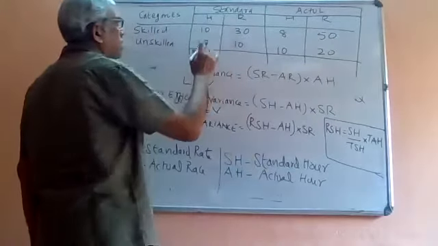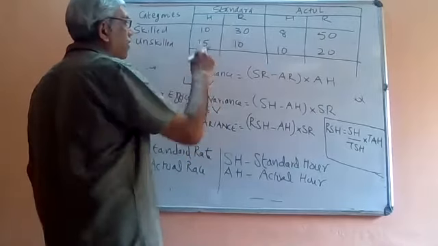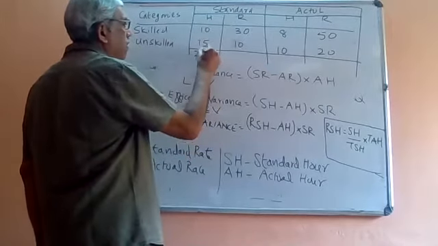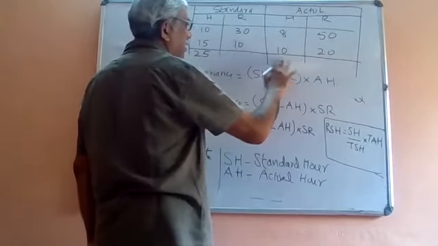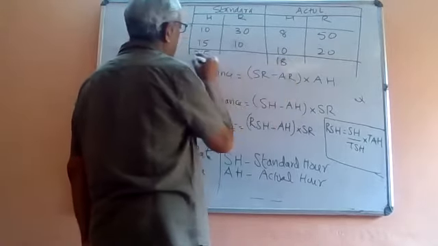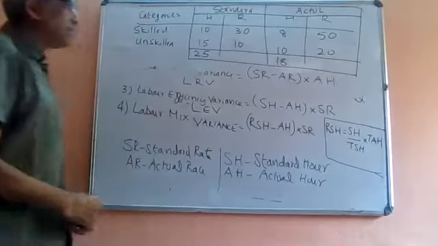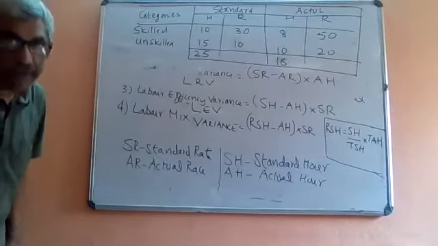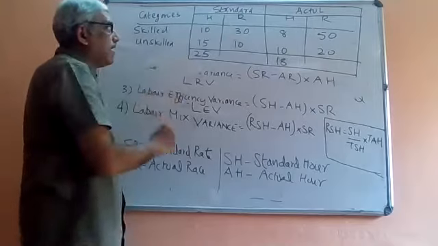So total standard hour is 25 and total actual hour is 18. Suppose this is the question that is given. There are two categories of workers, skilled and unskilled.